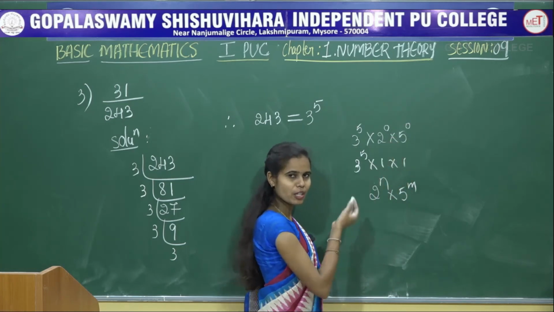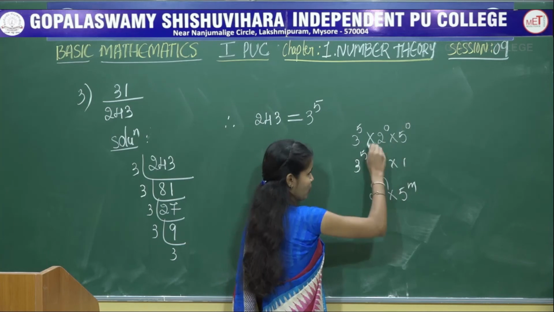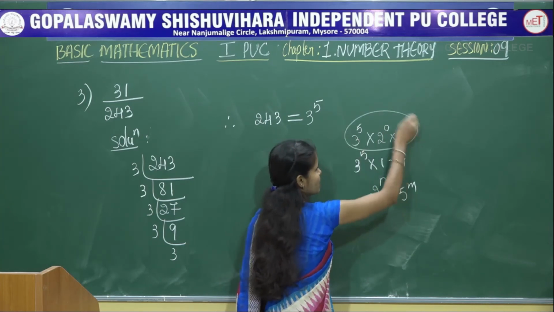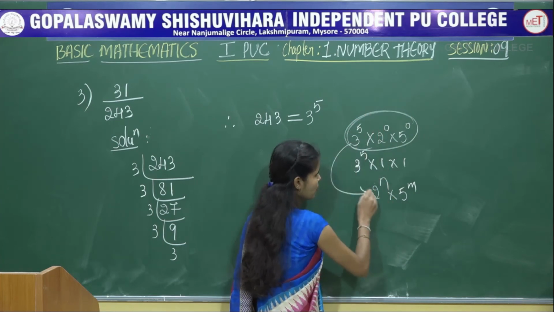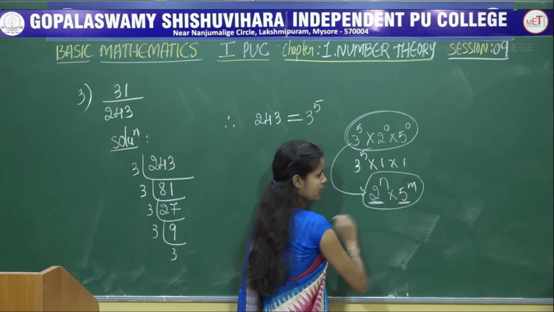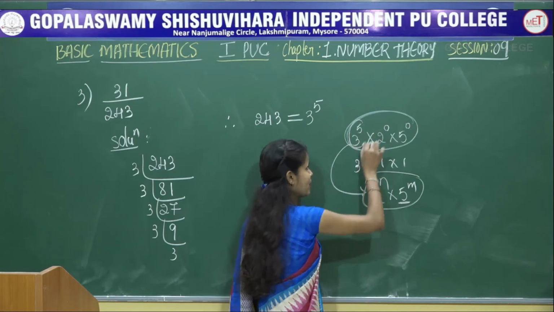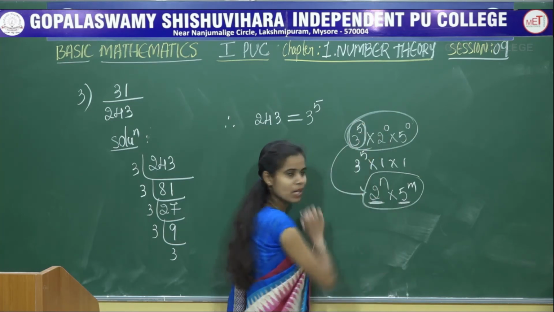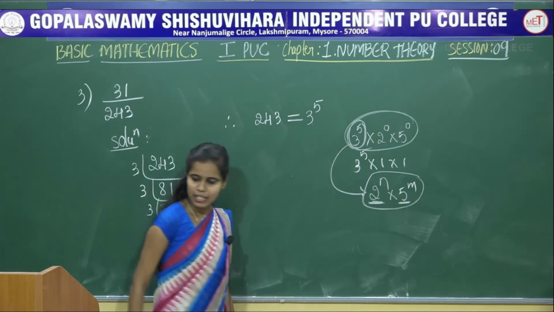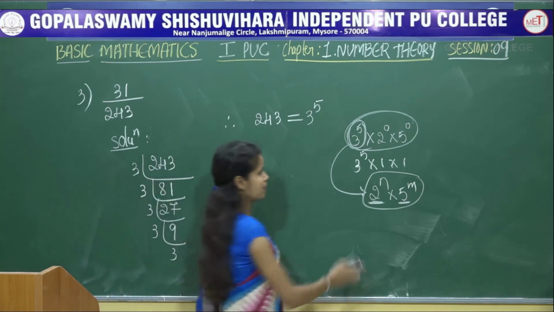But here observe, we want only 2 to the power of n into 5 to the power of m, but here we have an extra term, 3 to the power of 5. Therefore, it is not in the form of 2 to the power of n into 5 to the power of m.